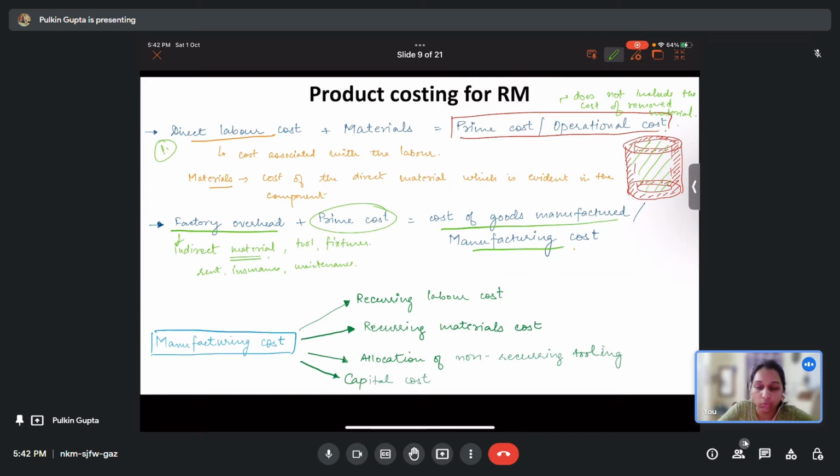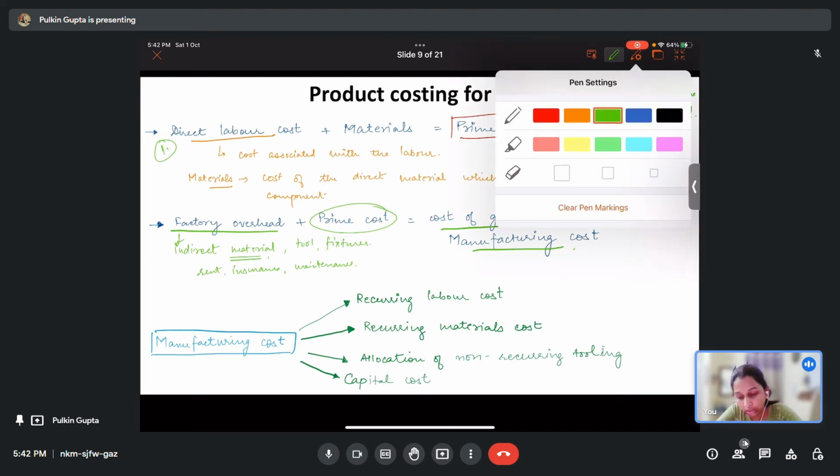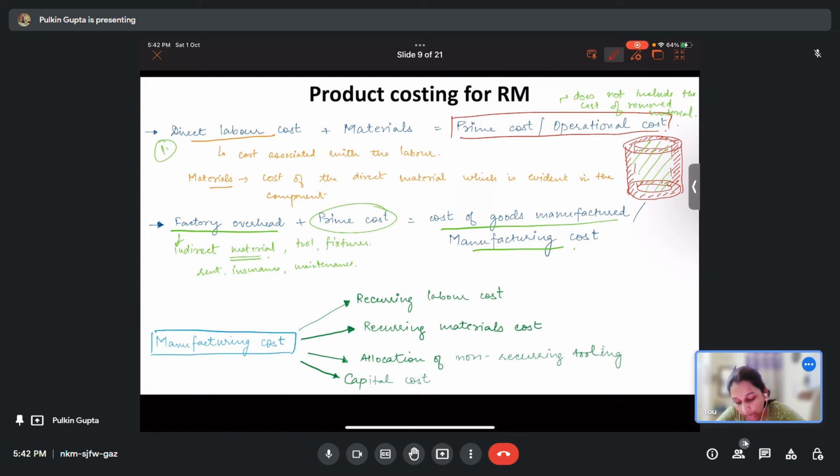So you can see the total manufacturing cost majorly consists of 4 parts. First, the recurring labor cost or the variable labor cost, the cost that you need to give to the labor. It depends upon the production volume, the manufacturing cost per unit.